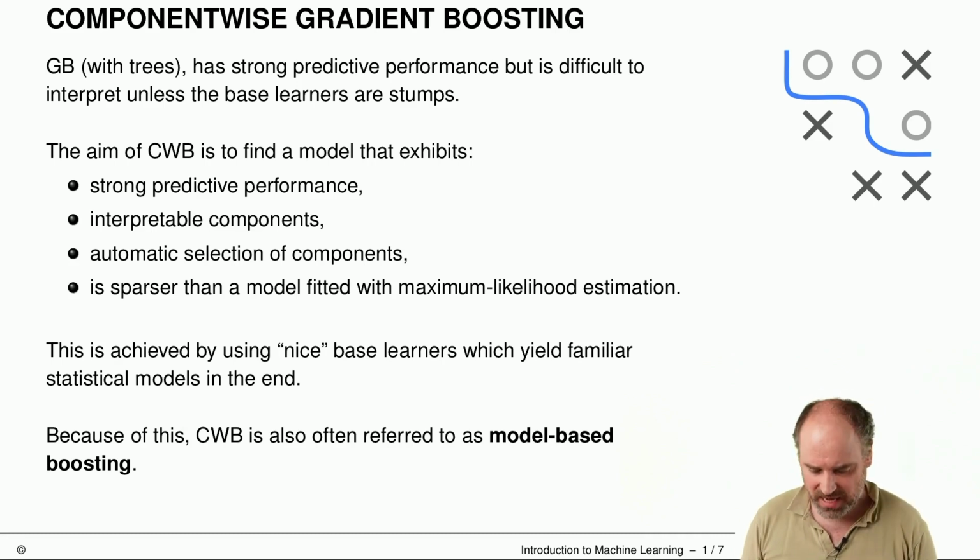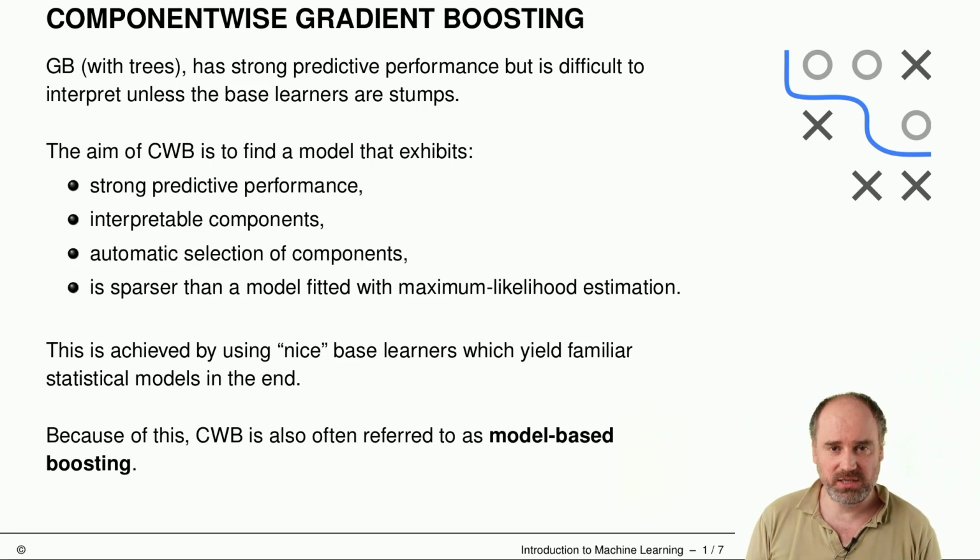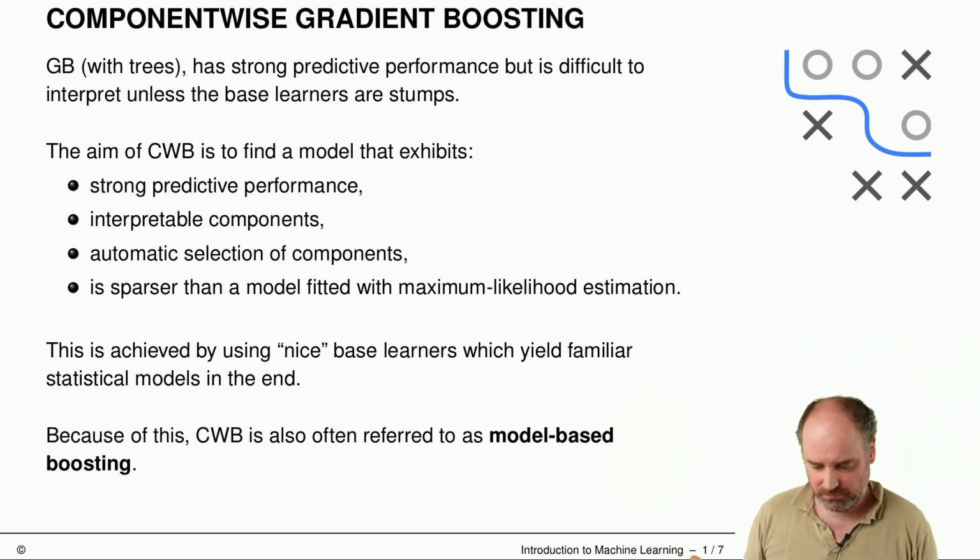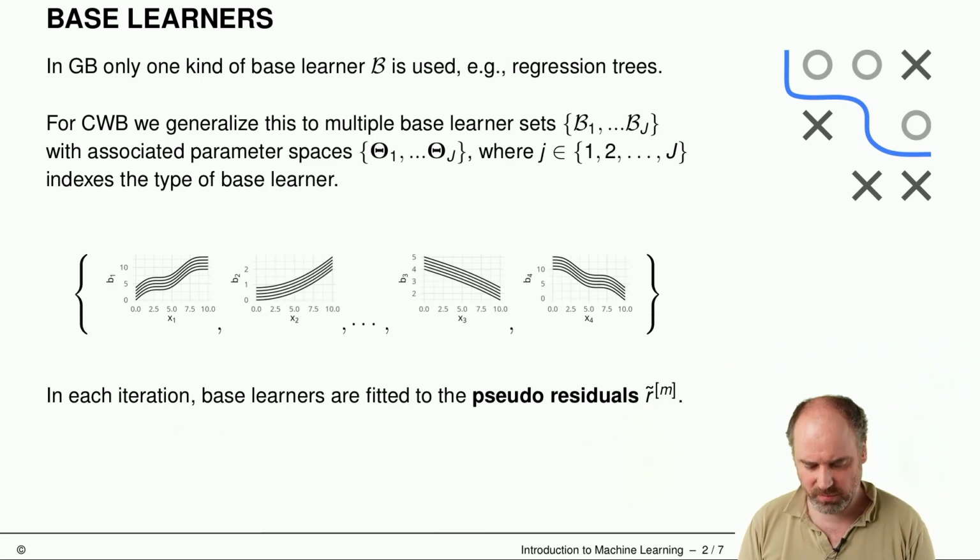And at the end, you get hopefully a quite sparse model that you can interpret quite nicely, where you can discuss which features and which base learners make the most sense for the data at hand. Some people call this component-wise boosting, and other people call this model-based boosting. There are now a couple of implementations available in R to do that, but let's start with the basics.